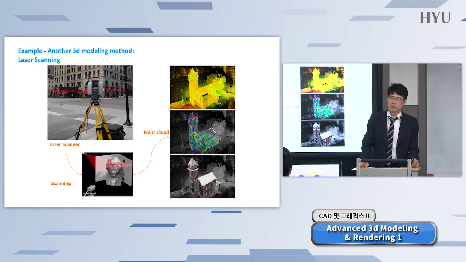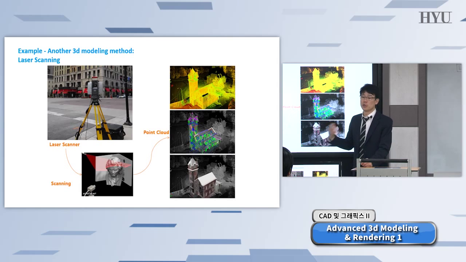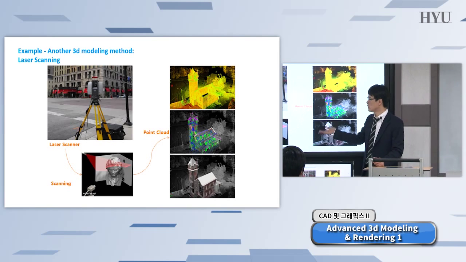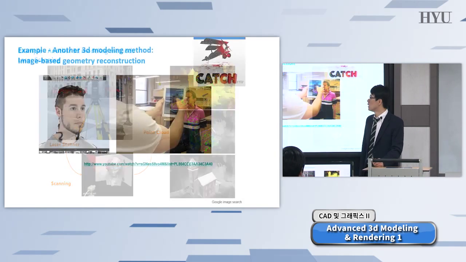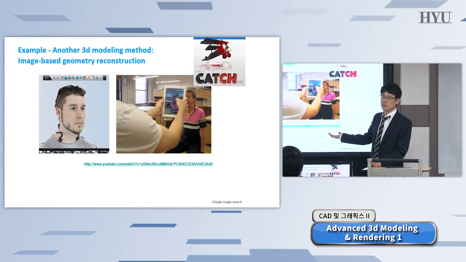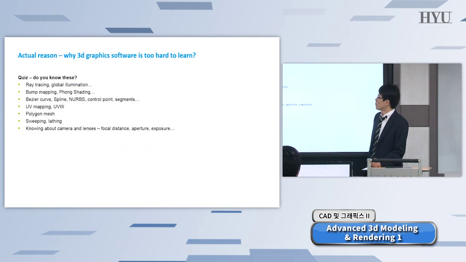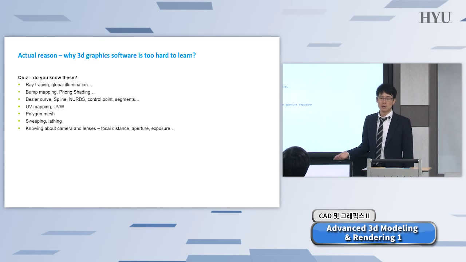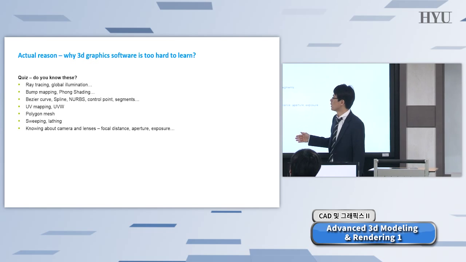That's why we have reviewed some advanced geometry acquisition methods, such as point cloud, laser scanners, as well as this kind of image-based geometric form generation, data acquisition, geometry acquisition, okay? But actually, the real reason why 3D graphics software is too hard to learn is simply described here, okay?